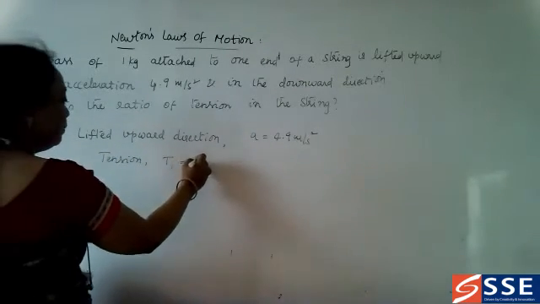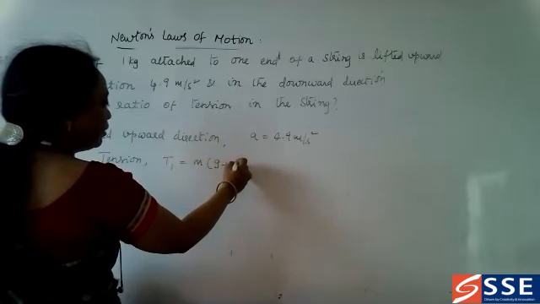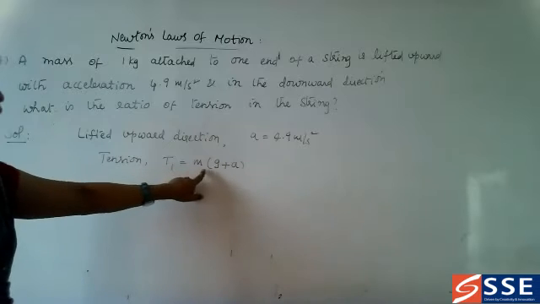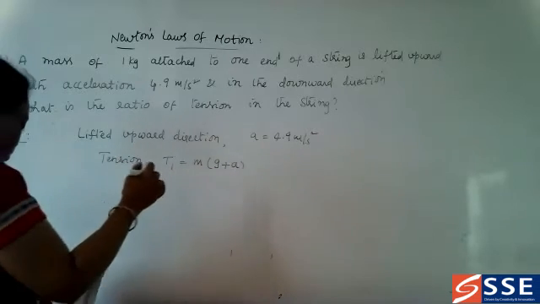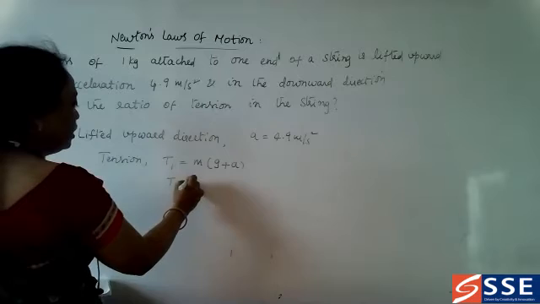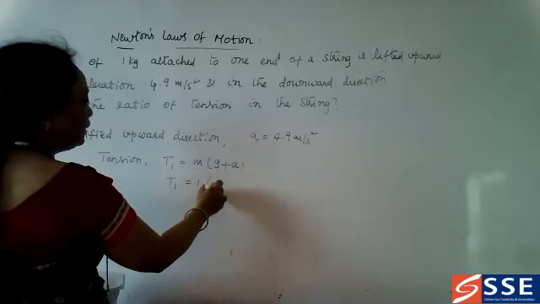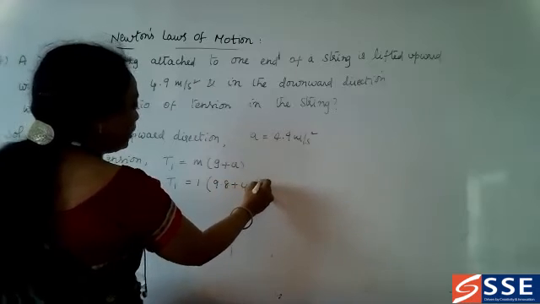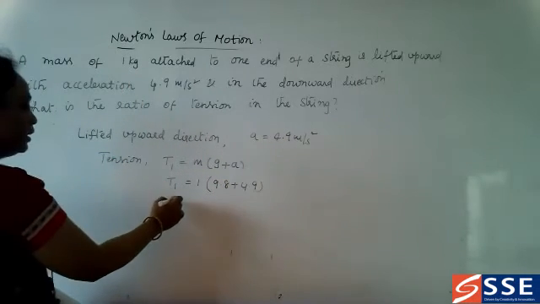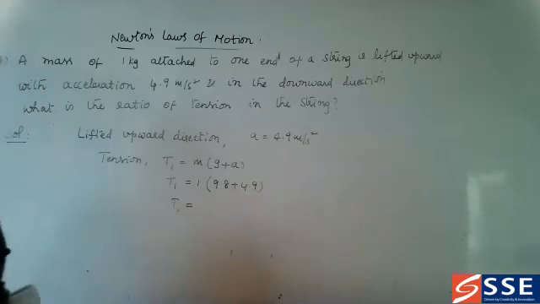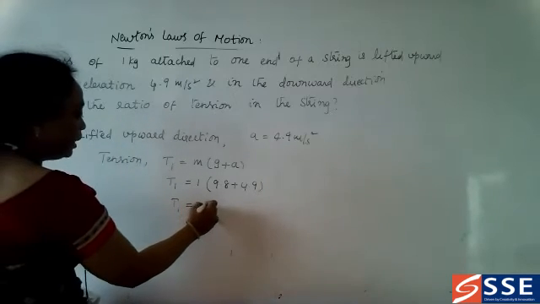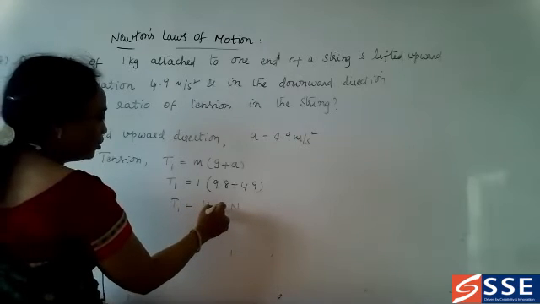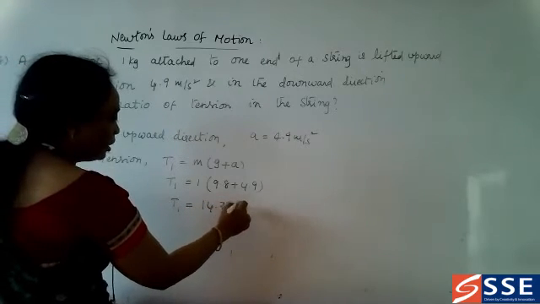Tension formula is M into G plus A. So when the mass is lifted in the upward direction, tension T1 is M into G plus A. So substituting all the values, mass is 1 and G you can take 9.8 and acceleration is 4.9. Therefore tension T1 goes to, you take the addition, ma, 14.7 Newton.